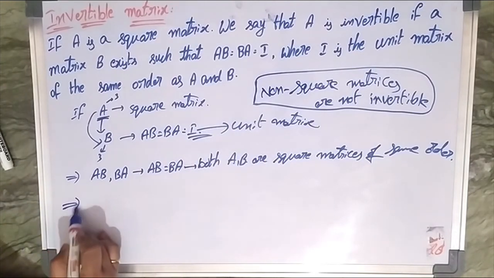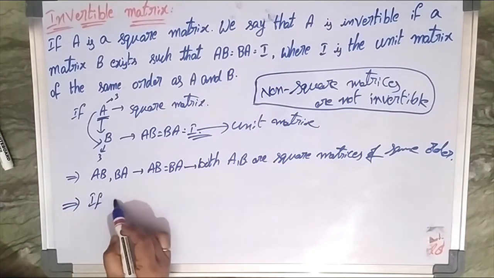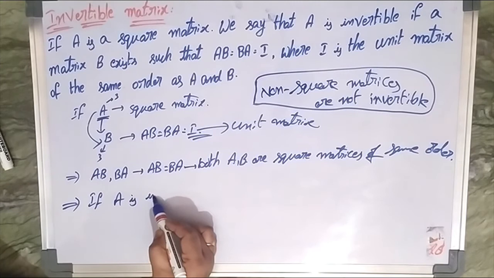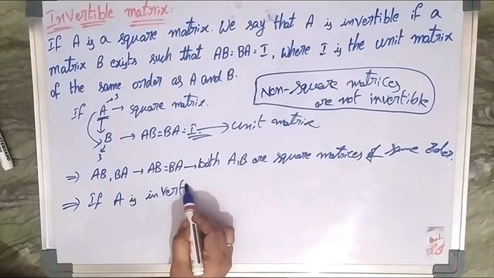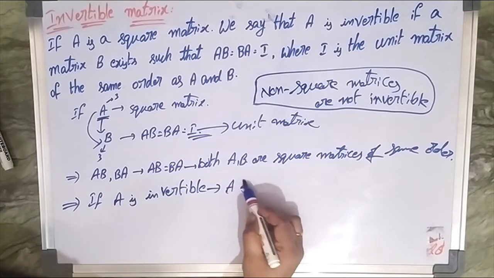Next, the second point is that if A is invertible, then A is non-singular.